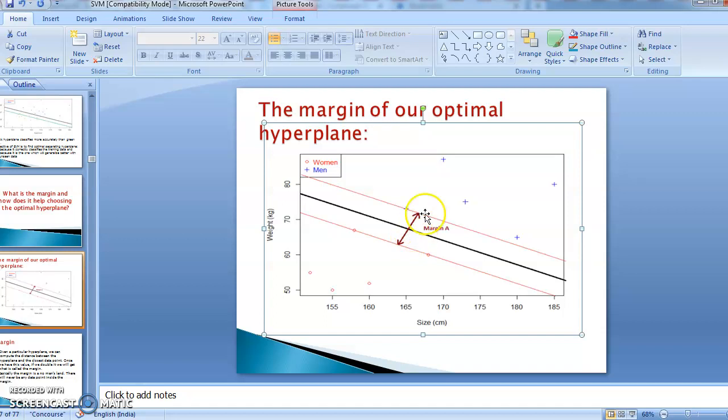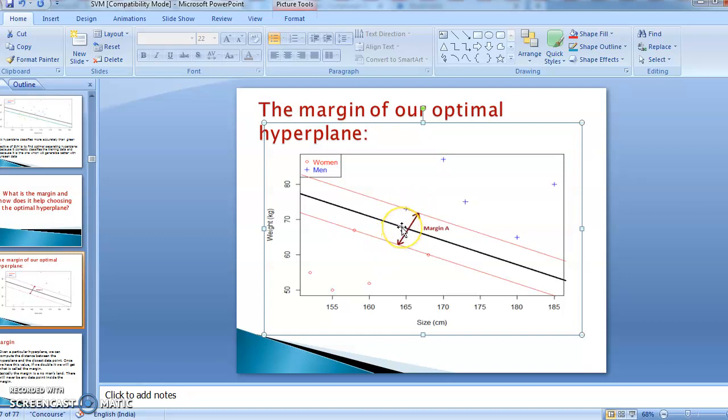Why do we want maximum margin? If we find the maximum margin, then if you find the correct hyperplane, with the help of the margin you can clearly identify any data point, by plotting it onto the higher dimension, and you can identify which particular class it belongs to.